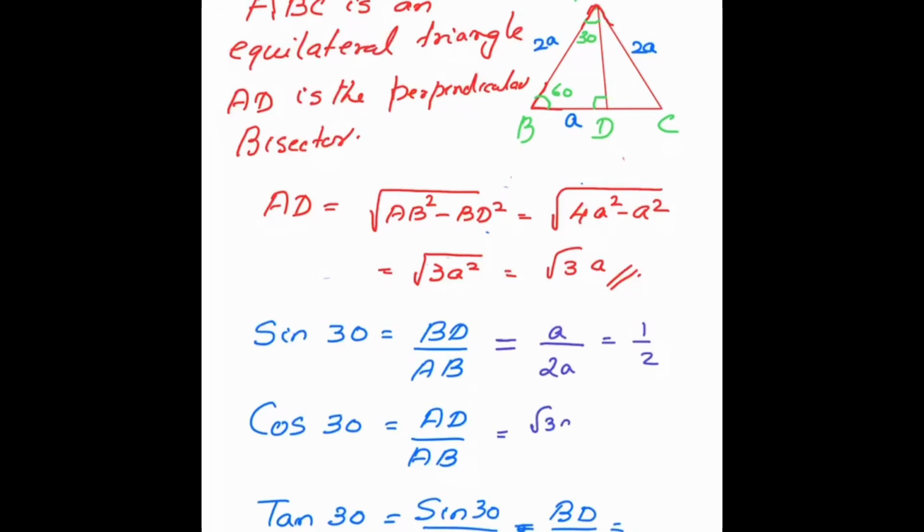So root 3a by AB, which is 2a, so this is root 3 by 2. Now tan 30 is BD by AD. BD is a and this is root 3a. Or you can do sin 30 by cos 30 also, you will get the same answer. So it is 1 by root 3.